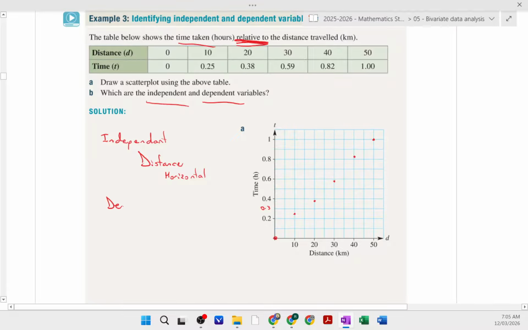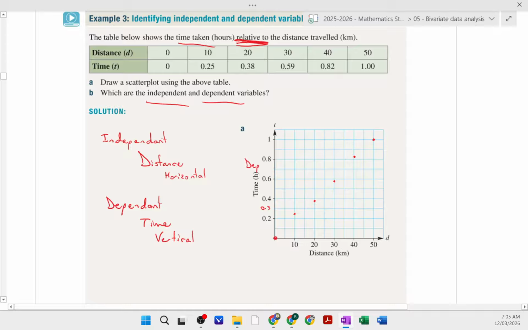So the time that it took is dependent on that. In this particular question, the time is the vertical axis, which is the dependent variable.